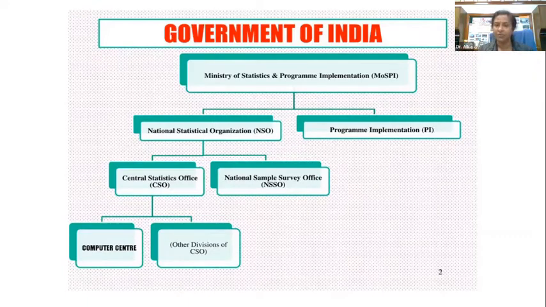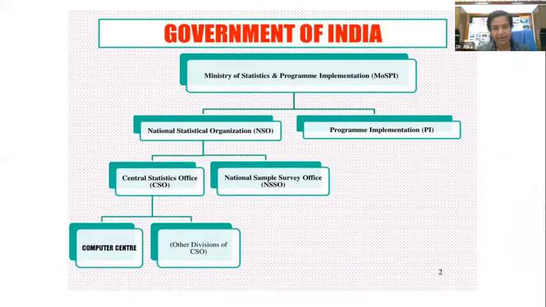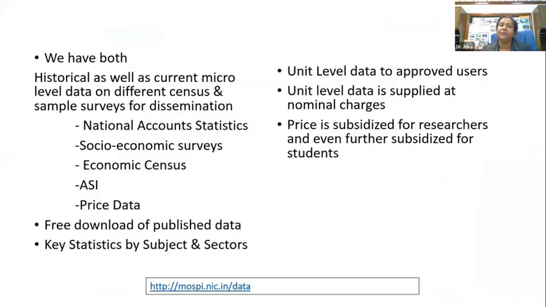Similarly, some are annual also. So various kinds of large scale data are there. Then some of the data collected by CSO is monthly, quarterly, yearly, or even daily. So let us see what data sources are available.